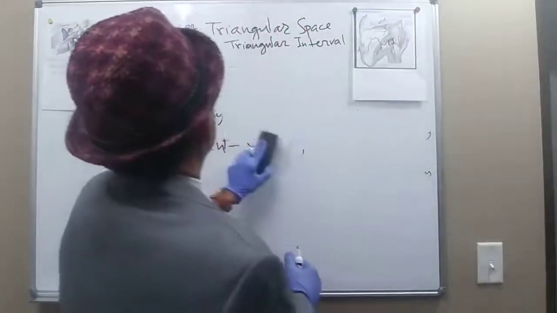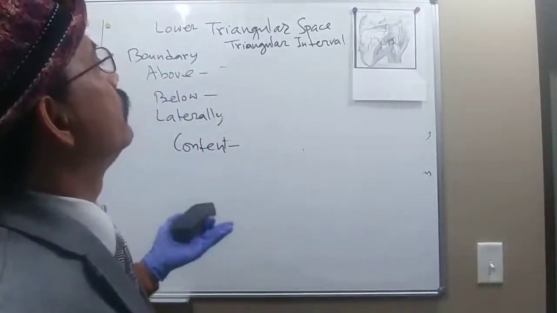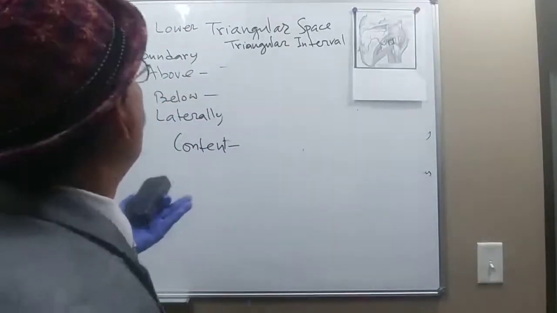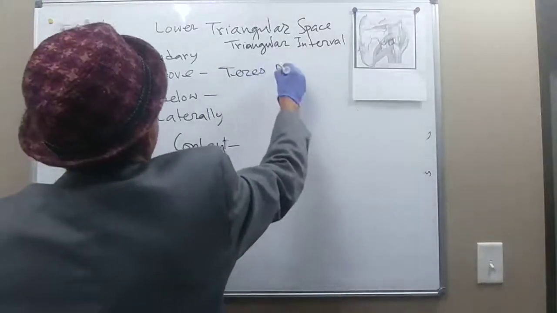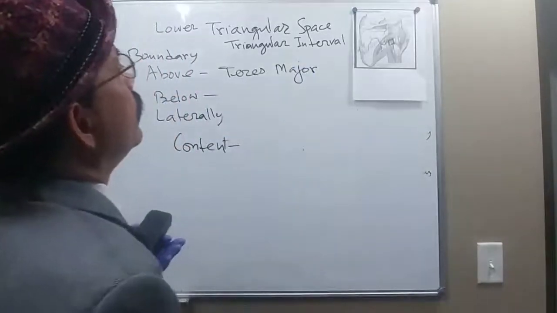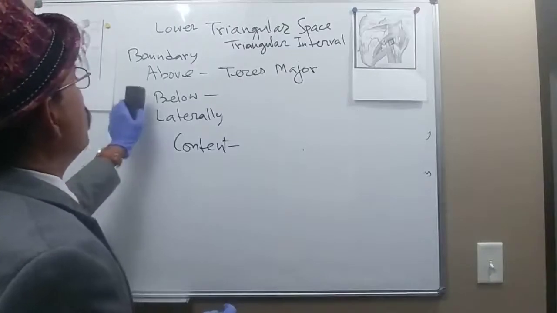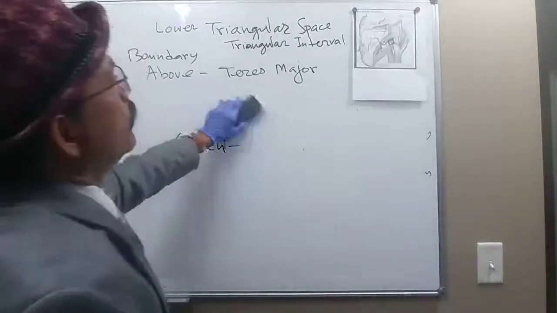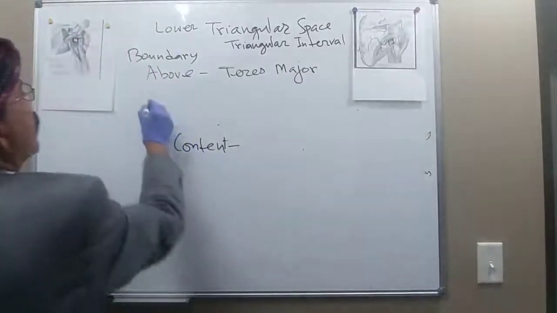Above it is bounded by the teres major. Okay, we got the upper boundary. Then what structure forms the medial boundary?